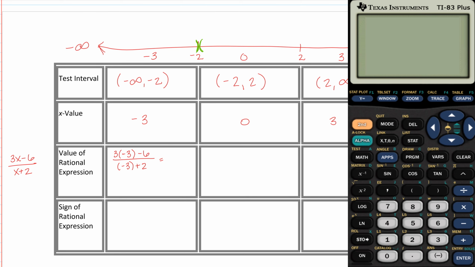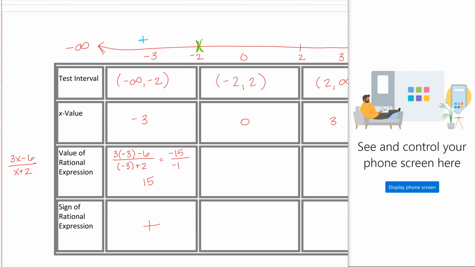Do the math. 3 times -3 is -9, minus 6 is -15, over -1. Reduce it, it is 15, but all I care about is the fact that it is positive, meaning it occurs above my line.